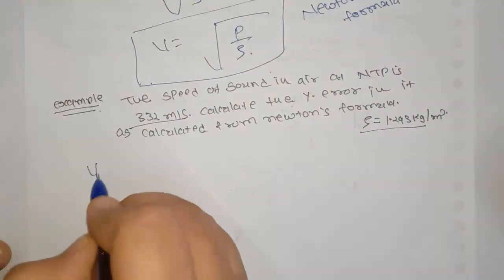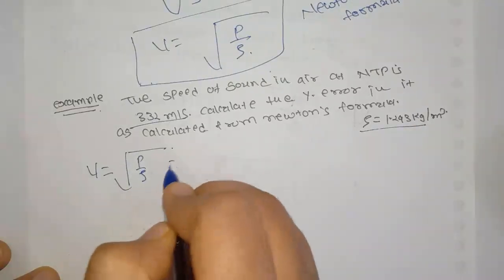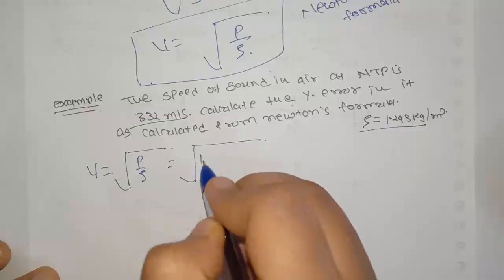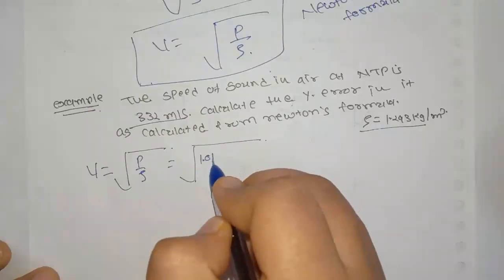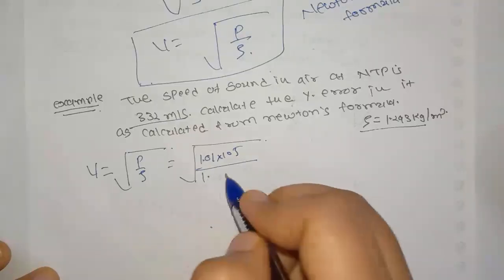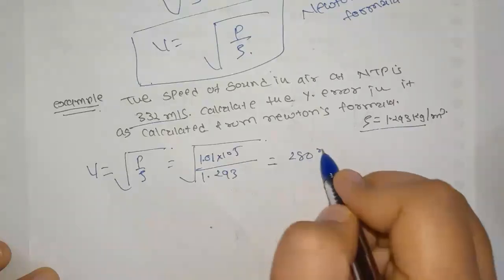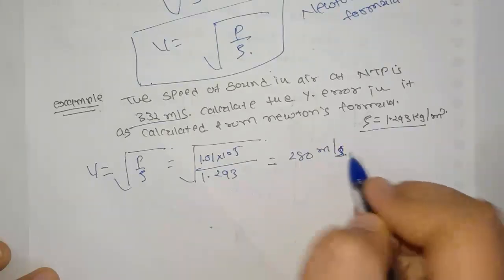The speed of sound is given by under root P by rho. At NTP, the pressure is 1.01 into 10 power 5 Pascal divided by density 1.293. This will give us the answer 280 meter per second.